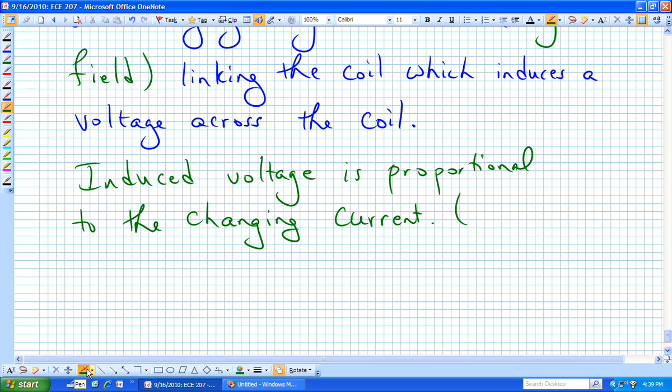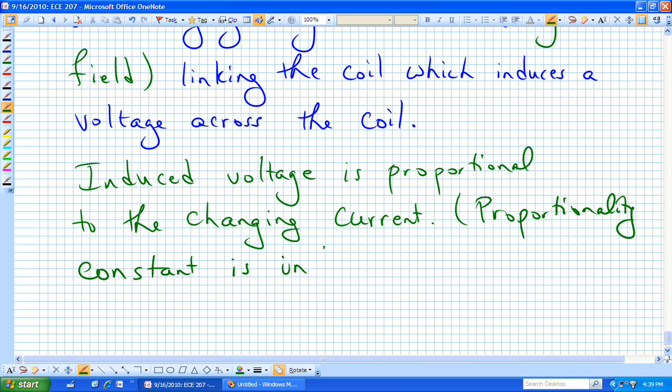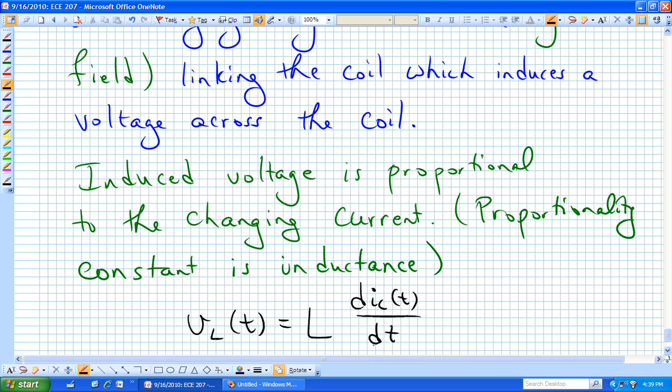And that proportionality constant is the inductance, which in equation form says that this induced voltage, V sub L of t, is proportional to this time rate of change of current in that coil of wire, di sub L dt.